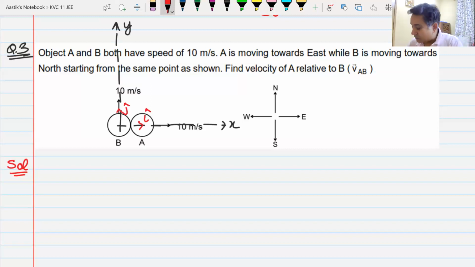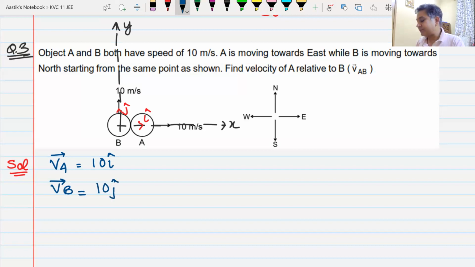What is the velocity of body A? It is 10i. Do we understand this? 10i. This is with respect to ground. I have not written G. What is the velocity of B with respect to ground? That is 10j. Then I have to find the velocity of A with respect to B. That is the velocity of A, 10i, minus 10j.